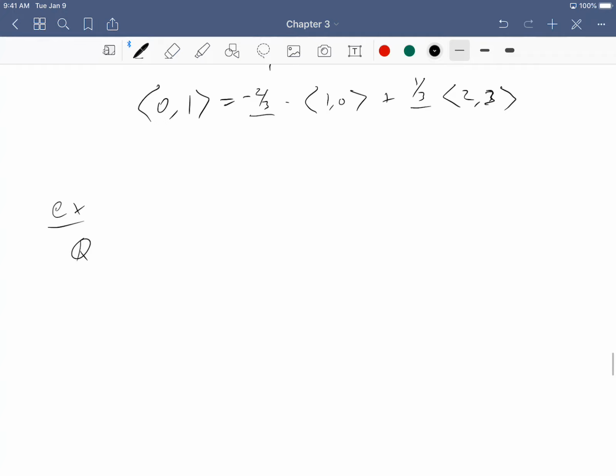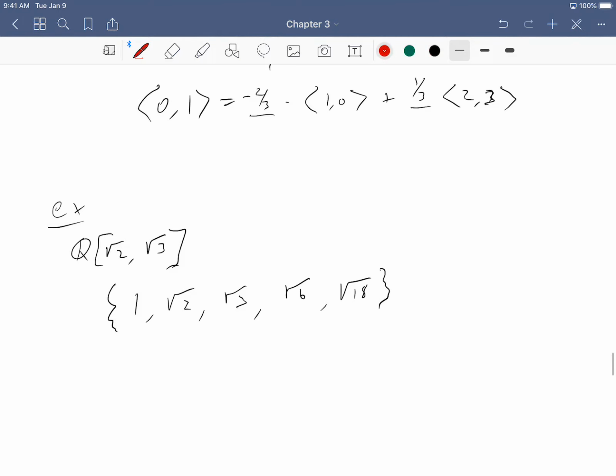So let's think about our Q adjoin root 2, root 3. So we had a spanning set. We had 1, root 2, root 3, root 6, but how did we know that we had to stop there? So what if I thought about root 6 times root 3 and I wanted to put root 18 in there?